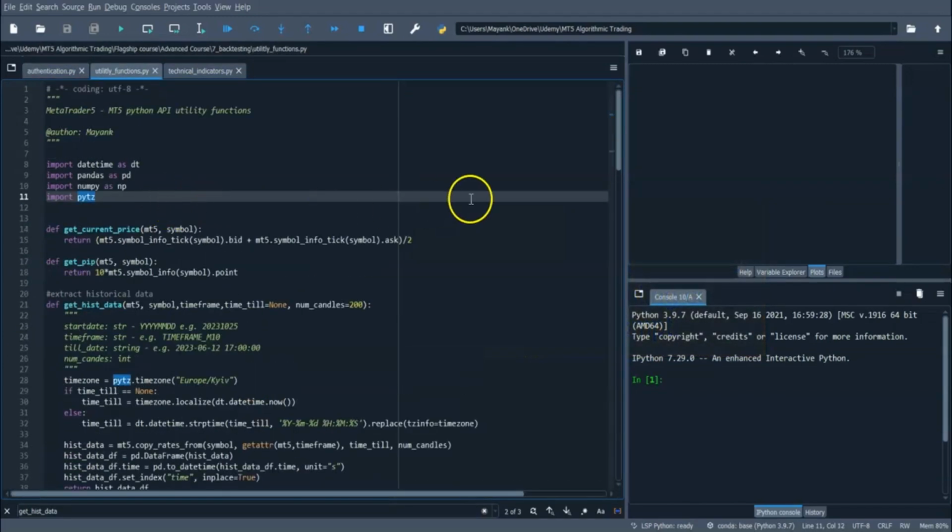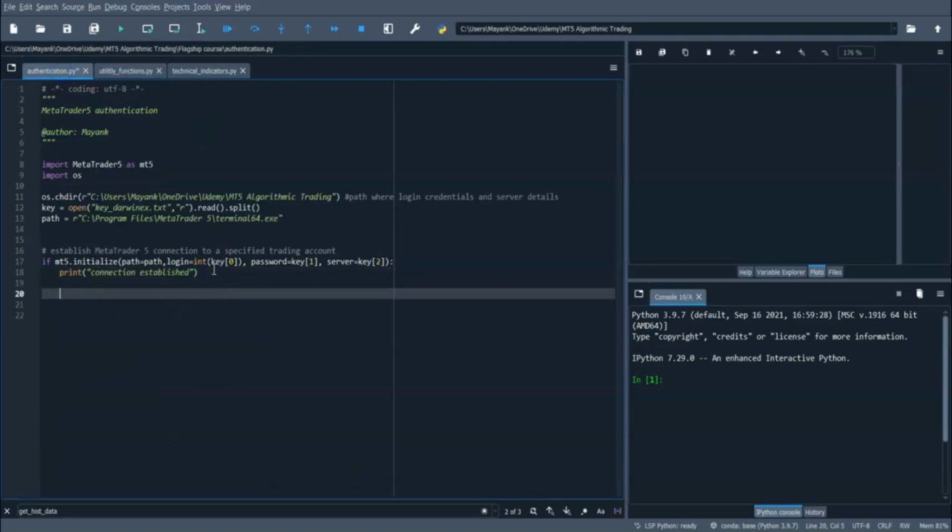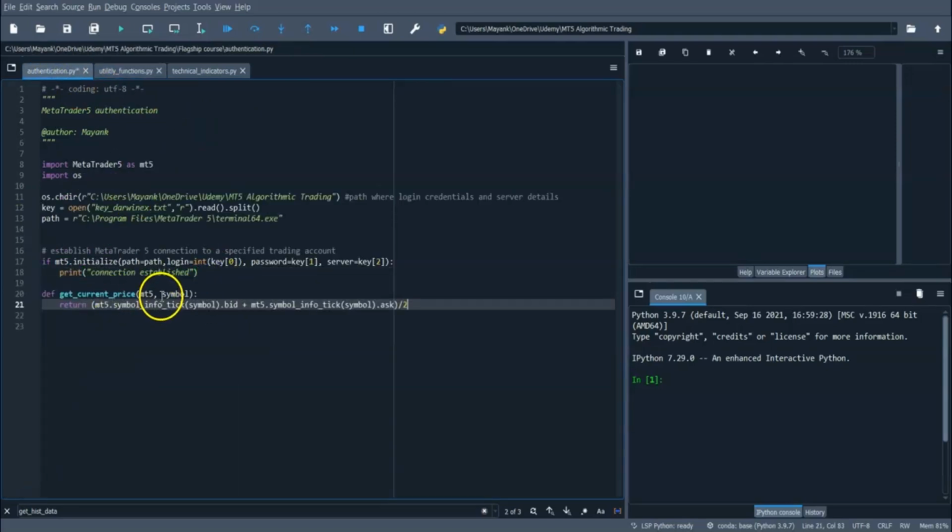One thing to be mindful of here is, for example, this function, get current price. If you recall, when we discussed this function in one of the previous lecture videos, it would have looked something like this. I would not have this MT5 as an argument to this function.